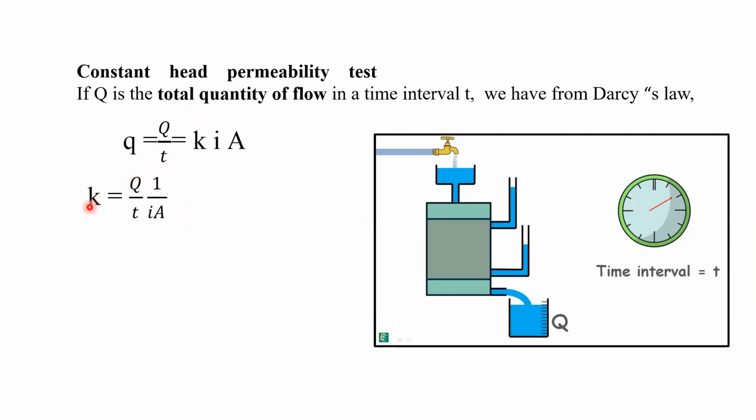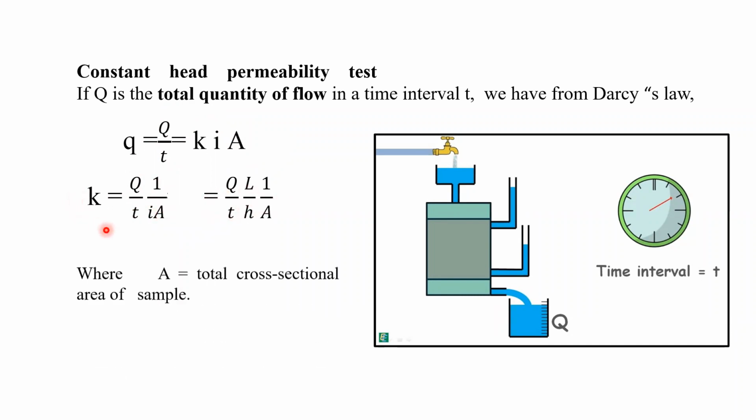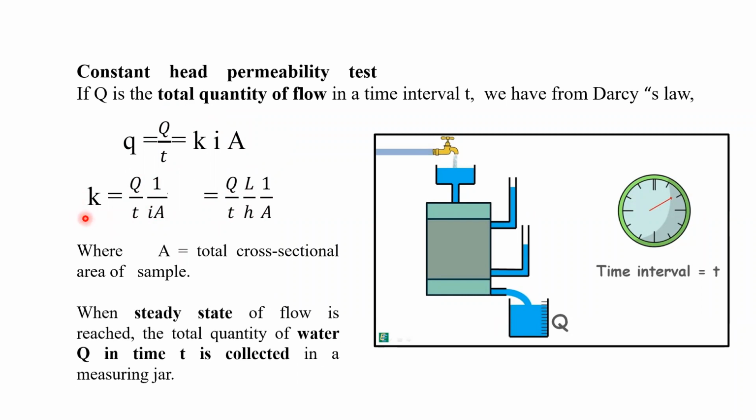So what will be the value of k? k will be equal to Q by t into 1 by iA. And i, as you know, is h by L, the head divided by the length of the sample. So k is equal to Q by t into L by hA. We can calculate the permeability in case of the constant head method by using this formula: k is equal to QL by Ath, or tha, right?